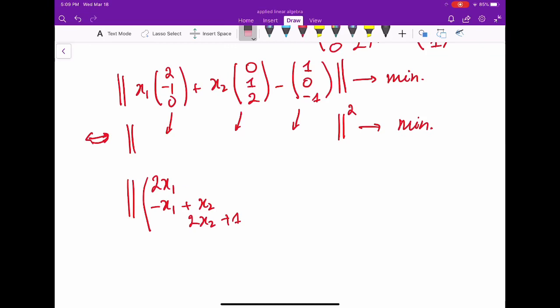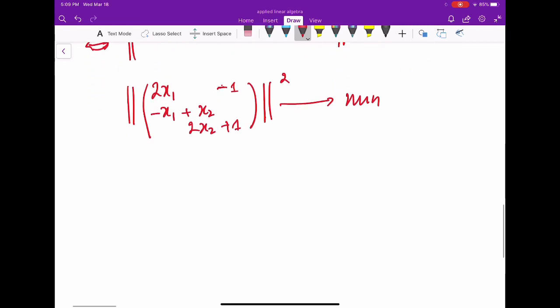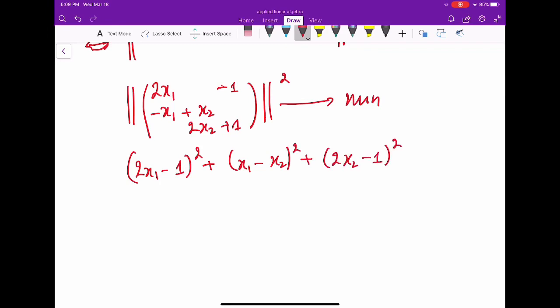I would write like this so it looks more beautiful, and we need to minimize this function. The norm squared is just (2x1 minus 1) squared plus (x1 minus x2) squared plus (2x2 minus 1) squared plus 1 squared, and our problem is to find the minimum.